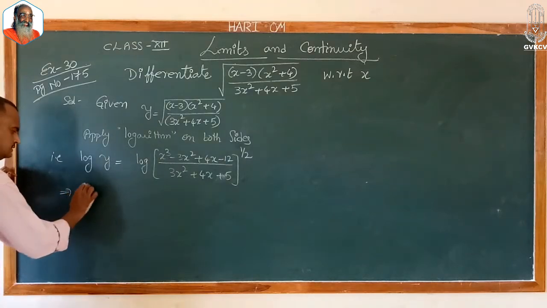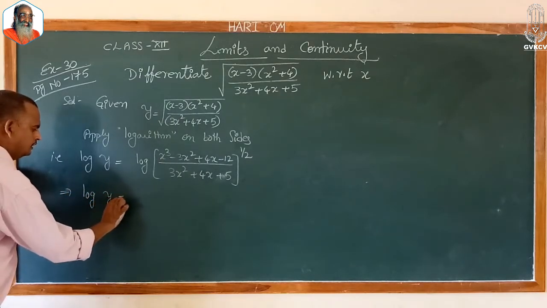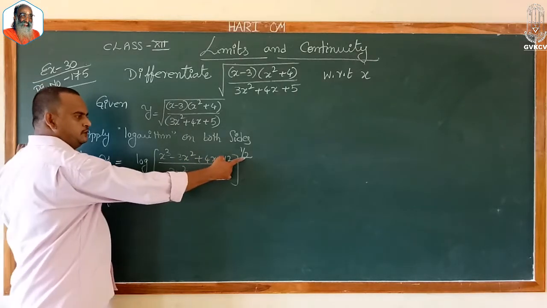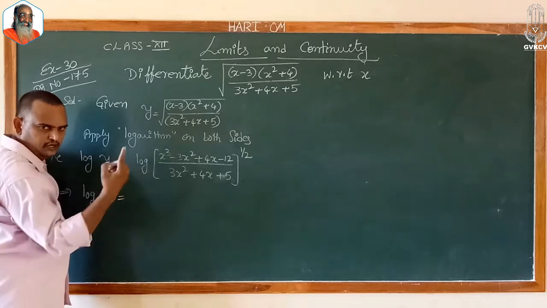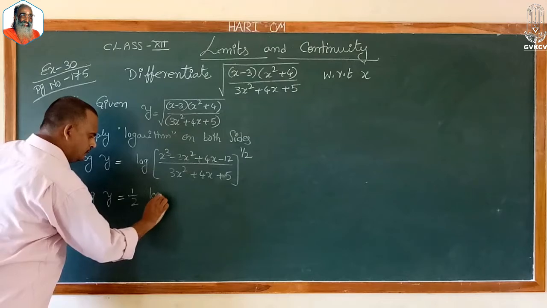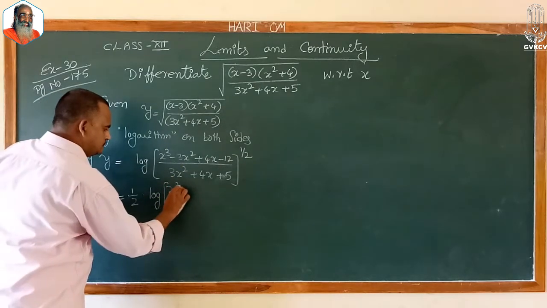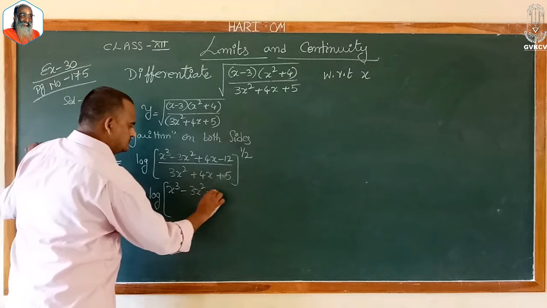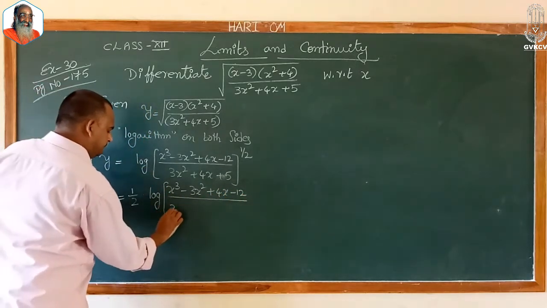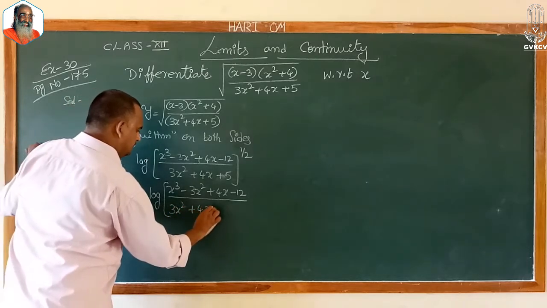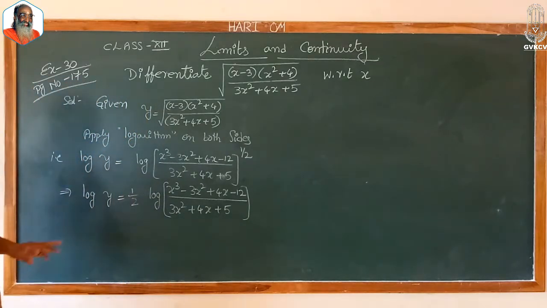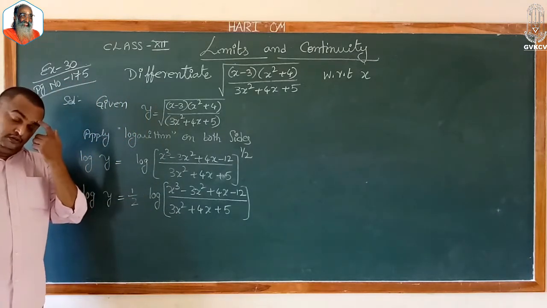That implies log y is equal to, whenever we have a logarithm, the exponent comes as a coefficient. That we have a formula. So, 1 by 2 into log of (x cube minus 3x square plus 4x minus 12) by (3x square plus 4x plus 5). So this is the function I have.